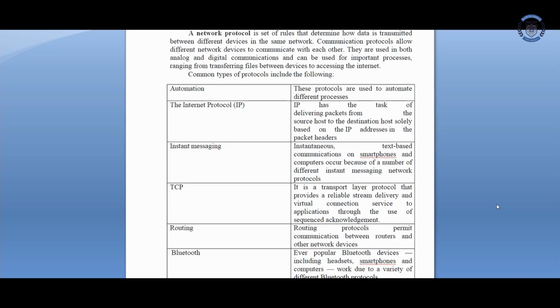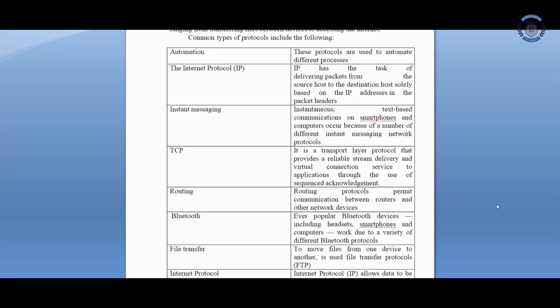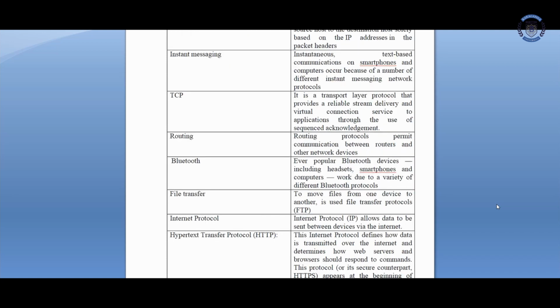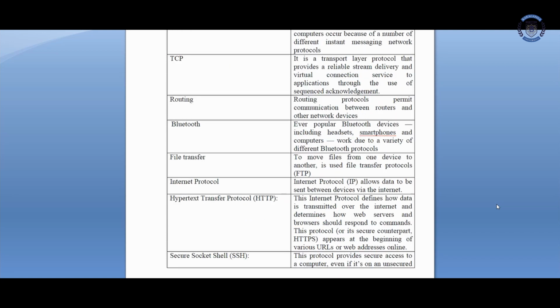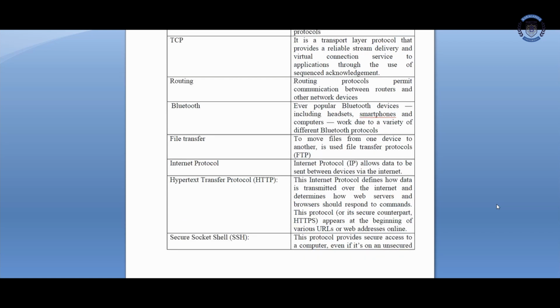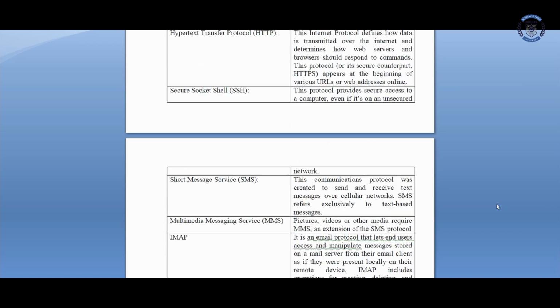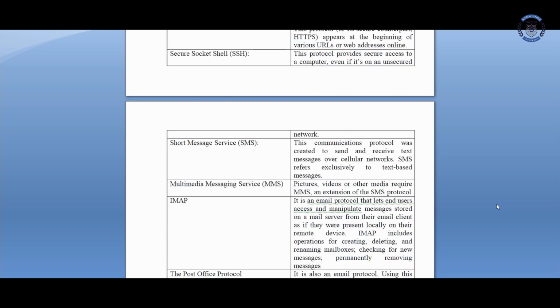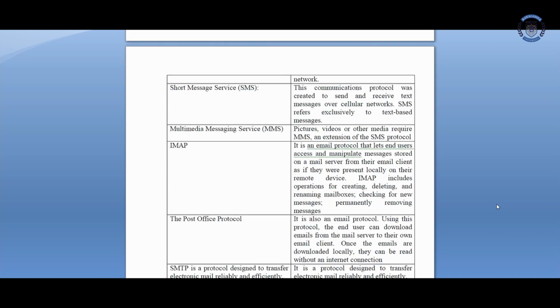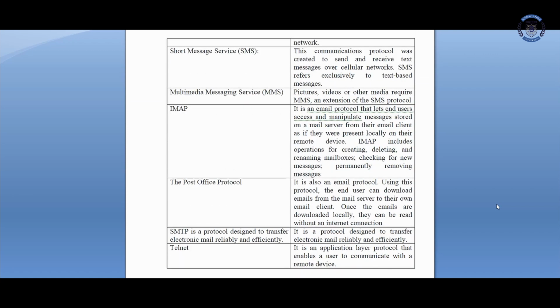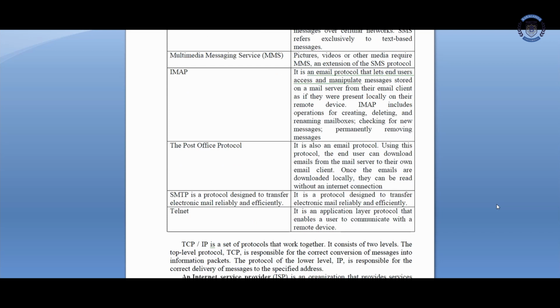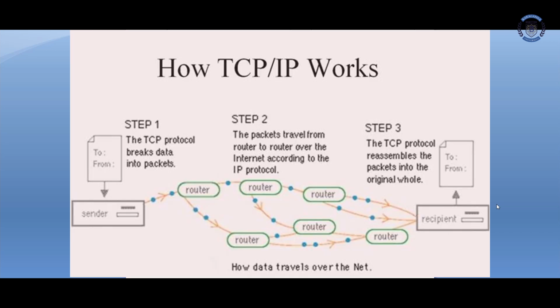Common types of protocols include the following: the Internet Protocol, instant messaging, TCP, routing, Bluetooth, file transfer, Hypertext Transfer Protocol, Secure Shell, Short Message Service, Multimedia Messaging Service, IMAP, the Post Office Protocol, Telnet.